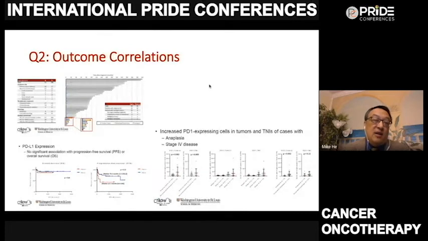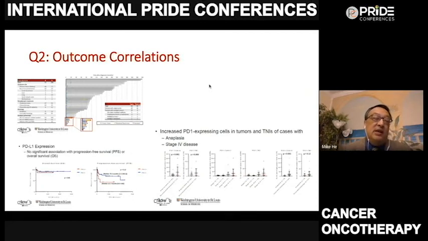And my second question is the outcome correlation. So here I gave you an example of the Wilms tumor. We studied about 60 cases of Wilms tumor. On the top left, you can see the different follow-up lengths of these patients. On the lower left, you can see the correlation of PD-L1 expression with the overall survival.